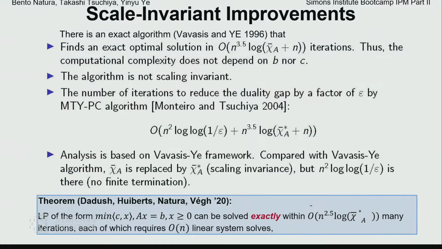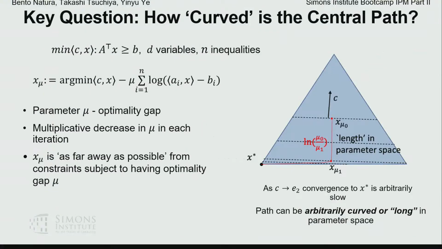If you only base it on the central path, chi-bar A cannot be bounded by a polynomial in n. So in some sense, according to this path-following nature, it's very, very hard to turn this into a strong polynomial. So there are examples where this is the case.